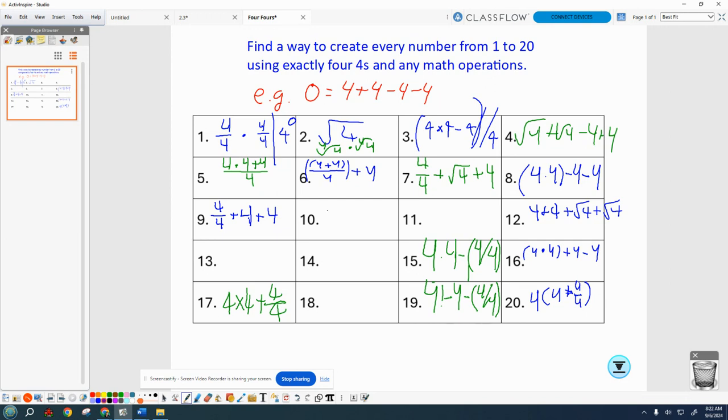10, 11, 13. Okay, that's a minus, okay. I thought it was, so 16 minus 4 is 12, minus square root of 4, 10.